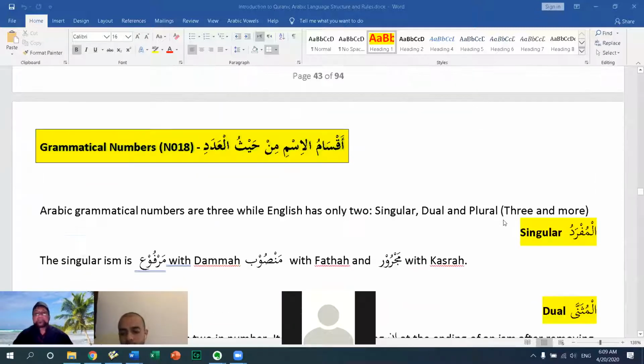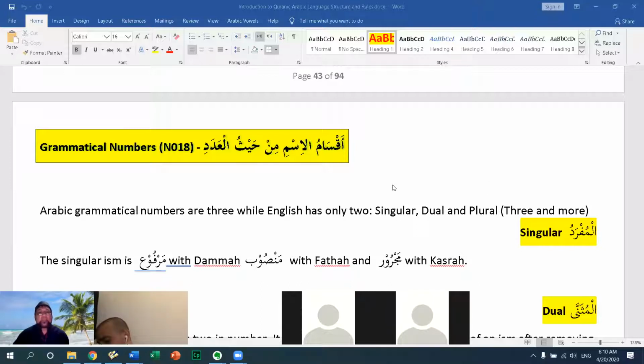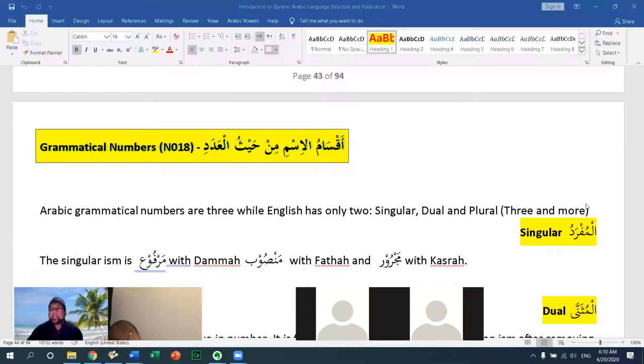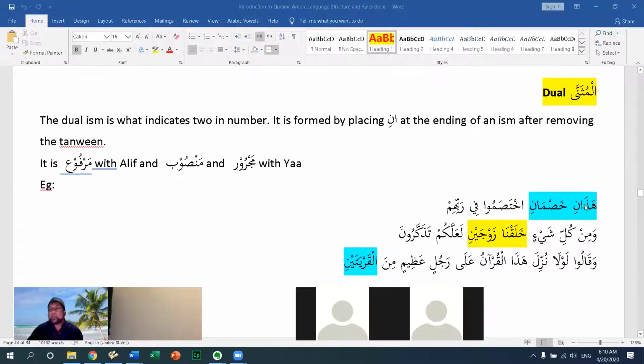We completed that, and then we started this next lesson, أقسام الاسم من حيث العدد, the classification of nouns with respect to number. By number here, we mean singular, dual, and plural.